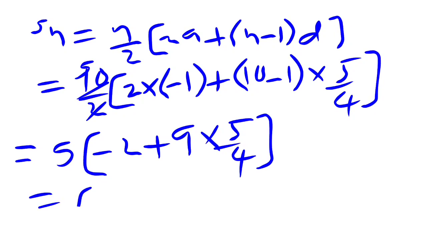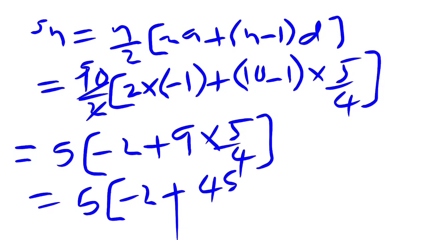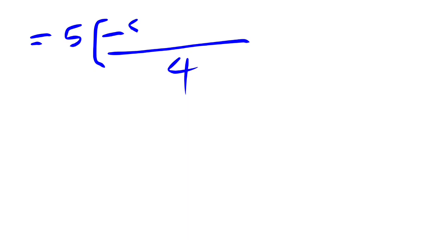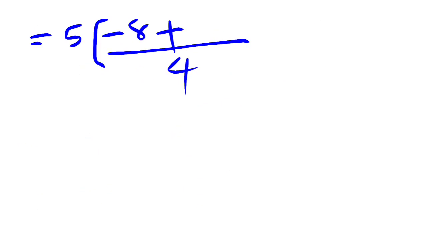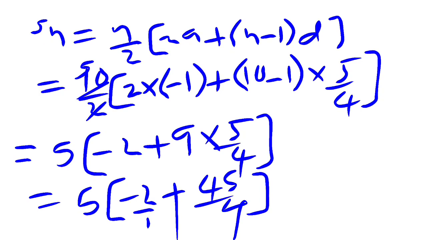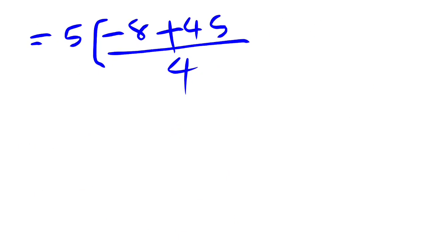So it equals 5 into minus 2 plus 9 fives are 45 by 4. And here I am writing minus 2 as minus 2 by 1. So 4 in one table, 4 into minus 2 is minus 8, and here the LCM is also 4, so write the numerator as it is, 45.